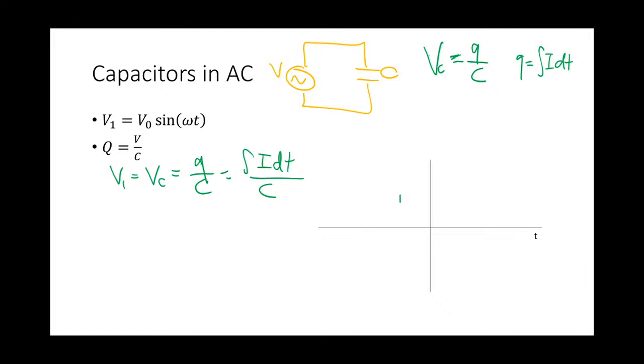If we differentiate both sides with respect to time, to solve for I, dV/dt is equal to I over C. And so the current, given the voltage, is equal to C times dV/dt, and our function for V1 is V0 sine omega t.